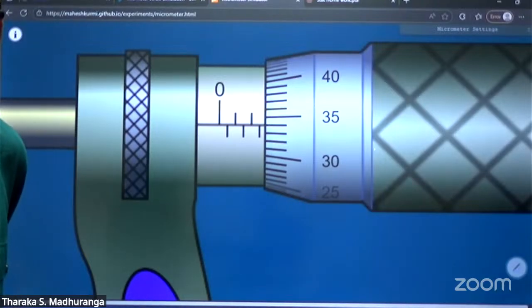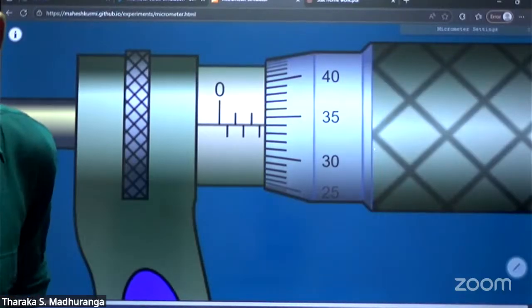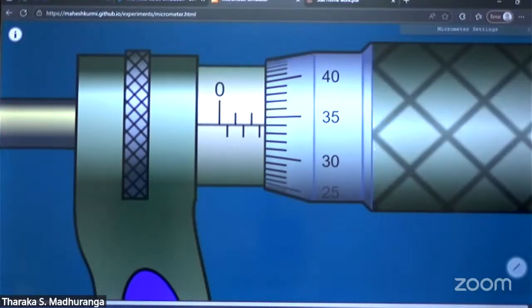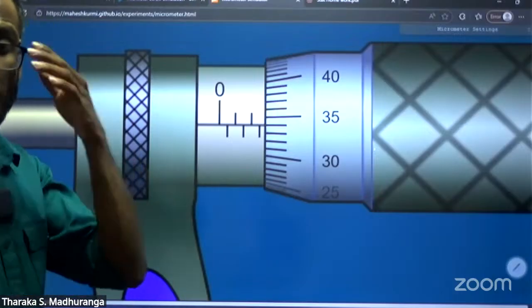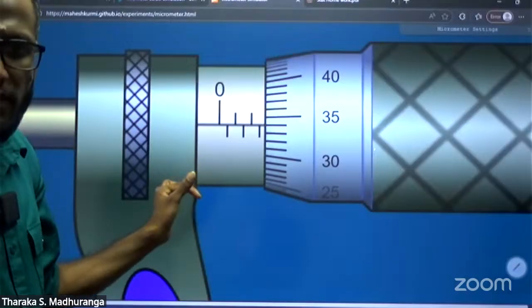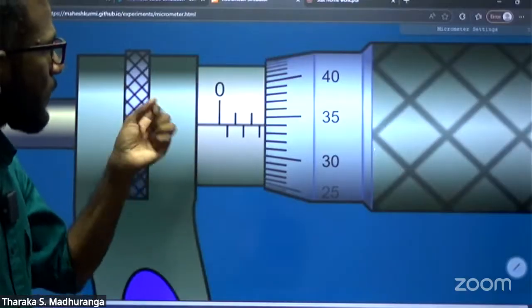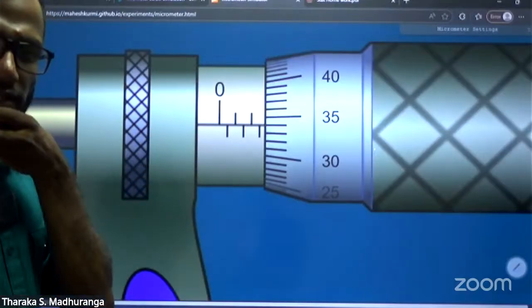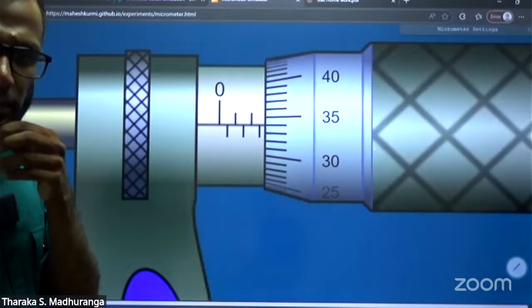Yes, Ravidu correct. Sandeep, no. Try again. First, try step by step. How about the linear scale value and the coincide parts?